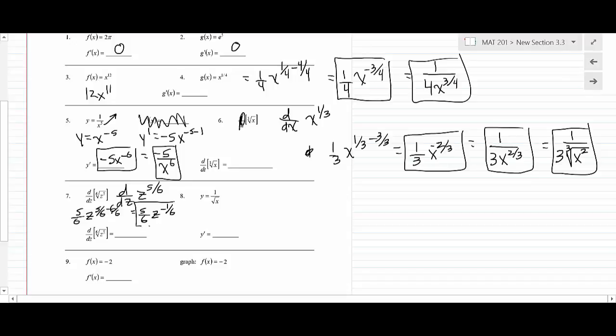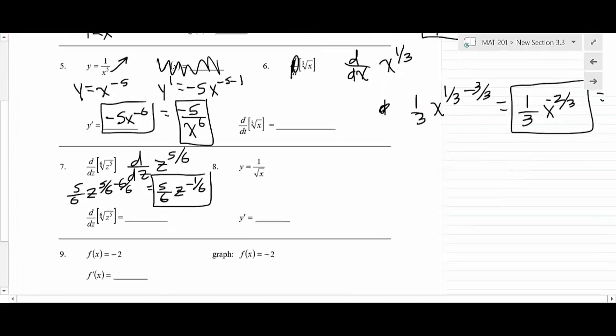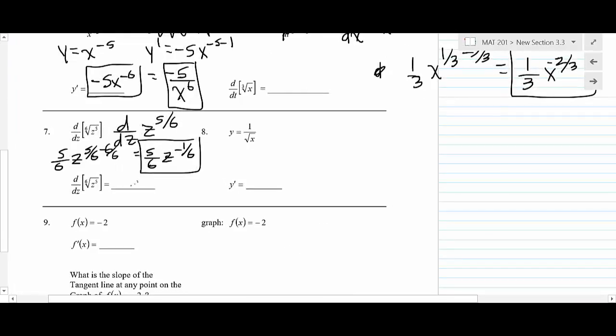So that would be one way to write the answer. You could also write this as 5 over 6 z to the 1/6, making the exponent positive. And then from here you could write this as 5 over 6, and then that would be 6th root of z like that.